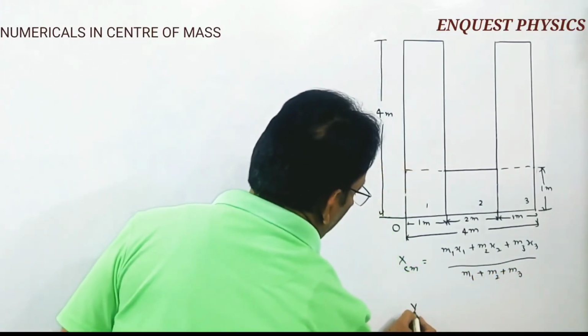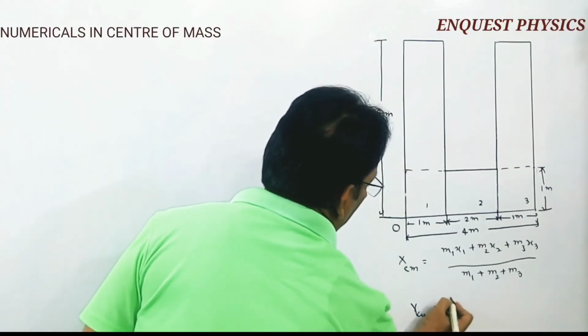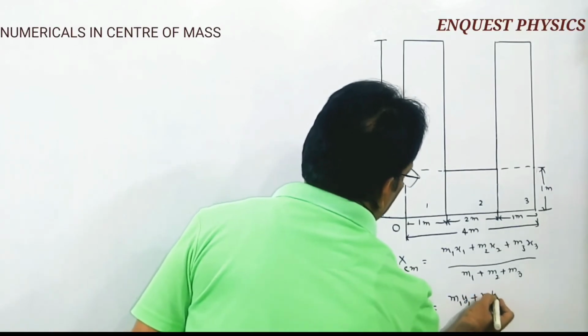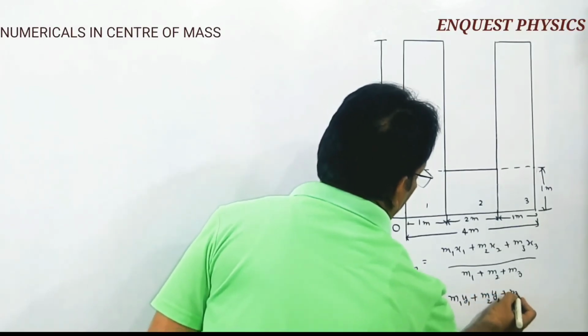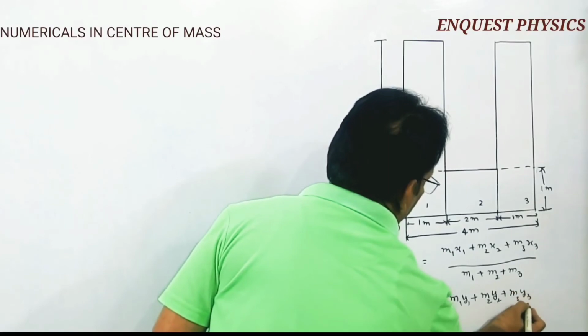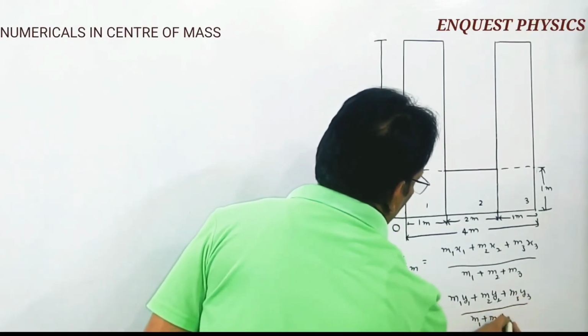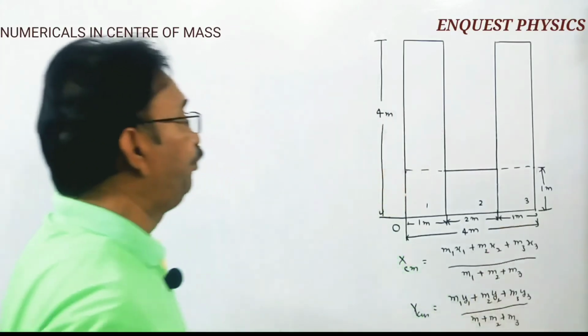And similarly, ycm can be had with the same notations, m1 y1 plus m2 y2 plus m3 y3 upon m1 plus m2 plus m3.